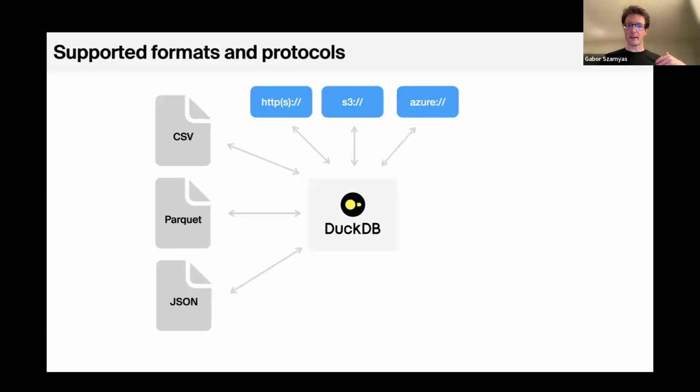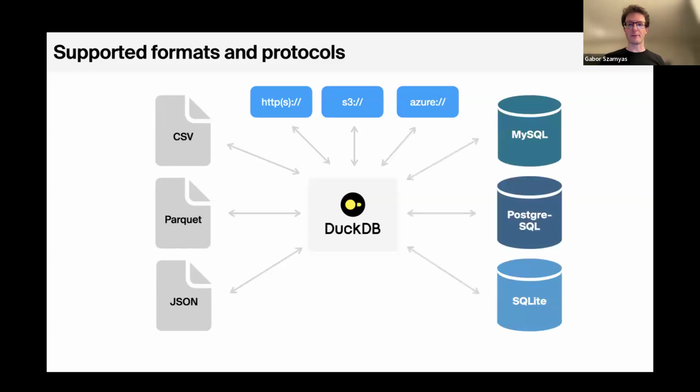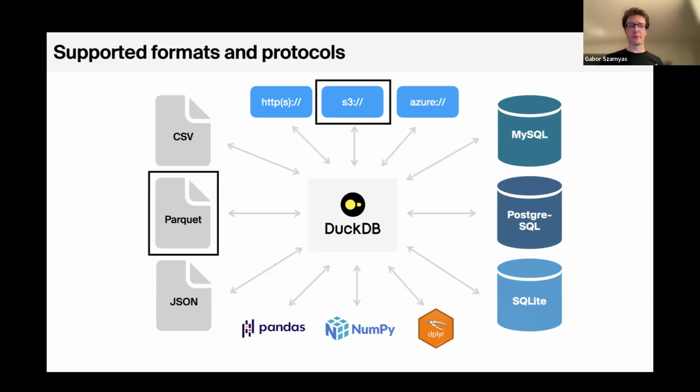On the protocol side, we can read from HTTP endpoints, we can read AWS S3 buckets, we can read Microsoft Azure blob storage, and we can directly hook on into database systems like MySQL, Postgres, and SQLite. And on the client side, if you work in Python, we integrate with Pandas and NumPy, and in R, we integrate with dplyr. And these integrations don't really exist in isolation.